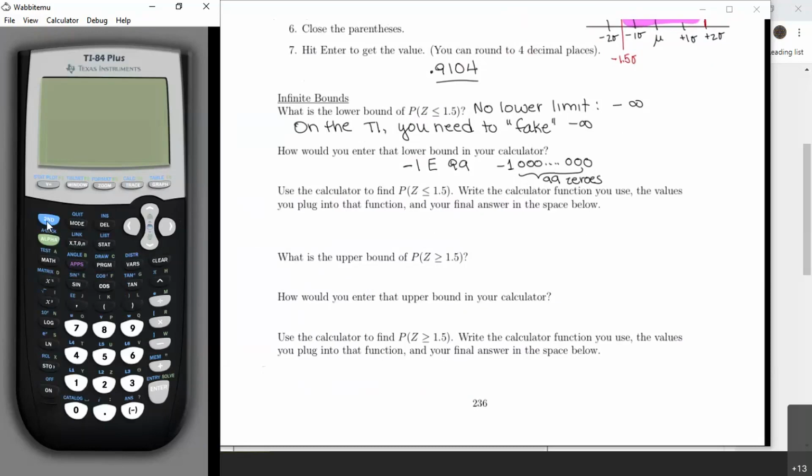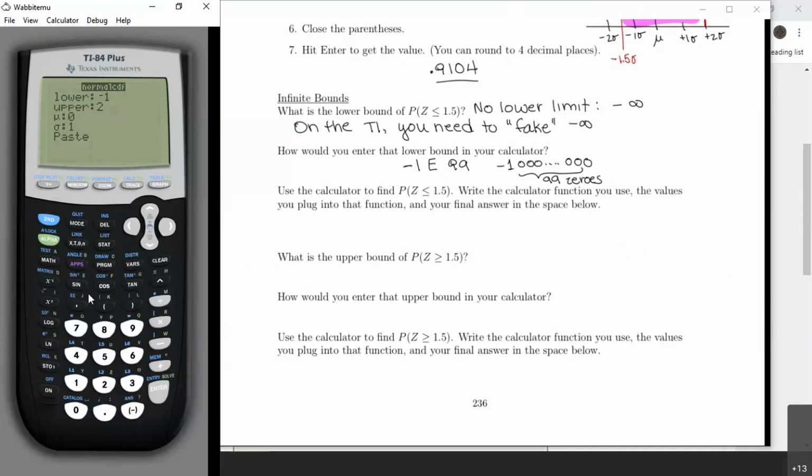So let's show you how to do this on the TI-84. I'm going to go back to second, there's normal CDF. I'm going to clear out my negative 1.5, and I'm going to type in leading negative sign, 1. And then how do I get the exponent? This is scientific notation on your calculator. It means negative 1 times 10 to the 99th.